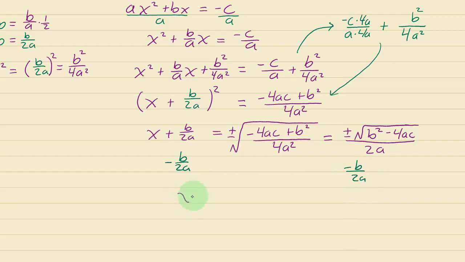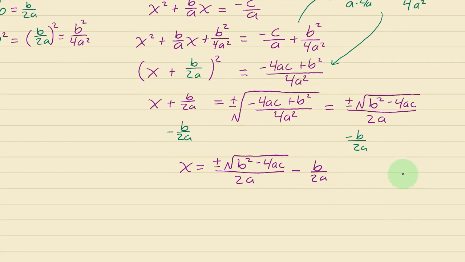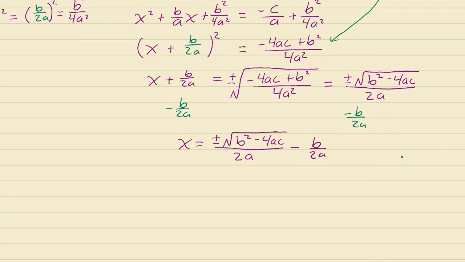And just write this as x equals this whole thing minus b over 2a. And fortunately, these already have the same denominator, so you can just combine them and write it as x equals, how would I write the negative b first? It's the same difference, but I'll just write it like this.